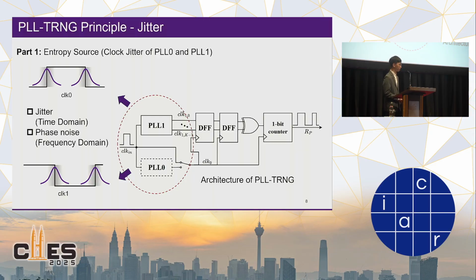So we call this deviation jitter. It's the time domain view of the clock instability. You can also see it in the frequency domain, which is known as phase noise. You can think of jitter and phase noise as two sides of the same coin. Jitter tells you how much timing is off, while phase noise tells you the detailed character of the clock instability.